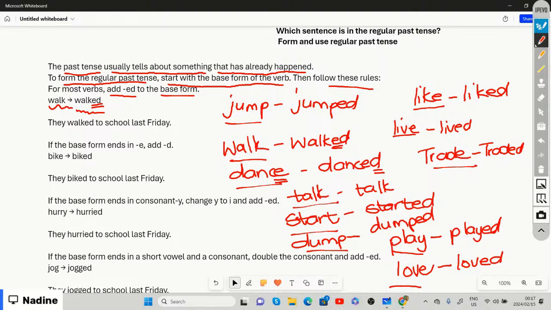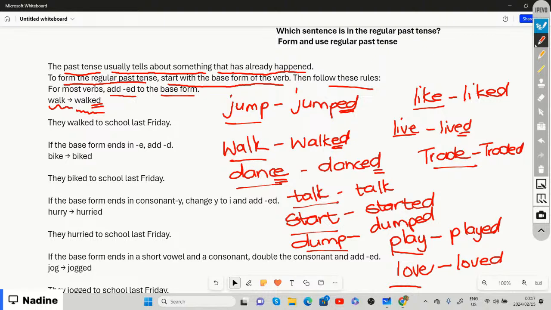But then what we do is follow a rule in order to show the past tense form of those words, by either adding ed or by just adding d. We add ed to most of our regular verbs.